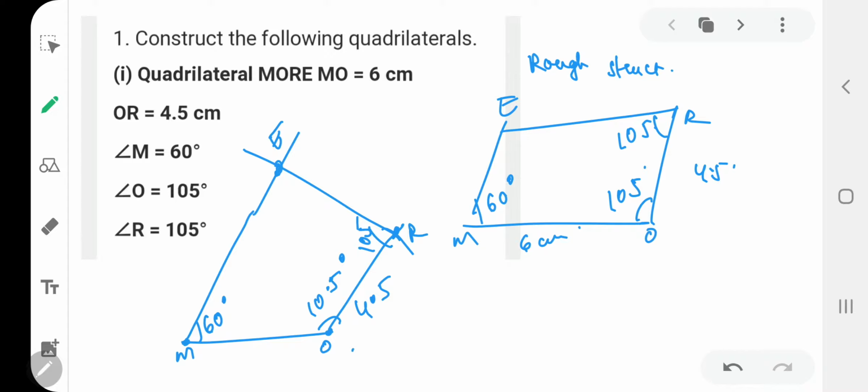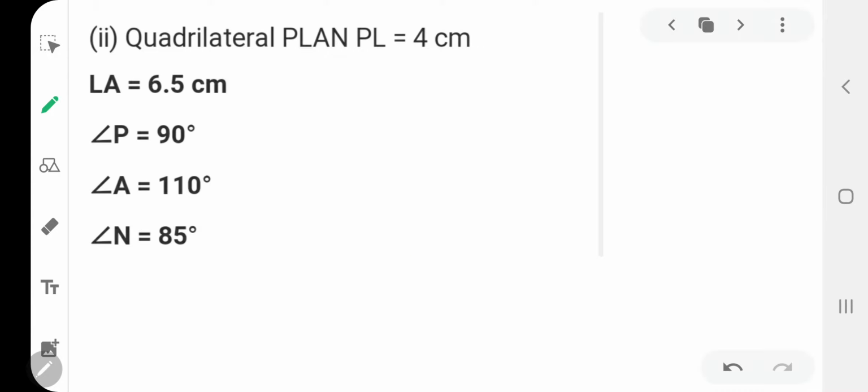Next we have, you have to draw quadrilateral whose name is PLAN, where PL is given as 4, LA is given as 6.5. Let's draw the rough structure first.